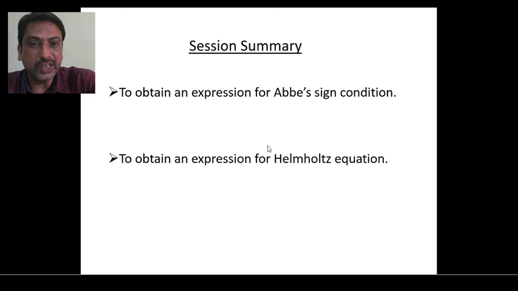With this figure, I can say that the image and object points are known as aplanatic points or foci of this particular spherical surface, because the ray of light coming from O, after refraction, seems to diverge from this particular point I.